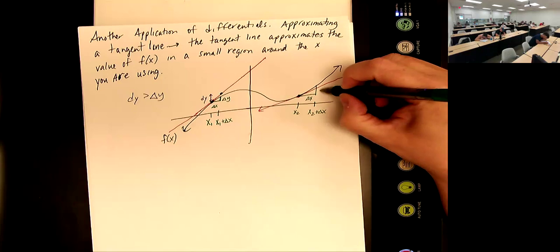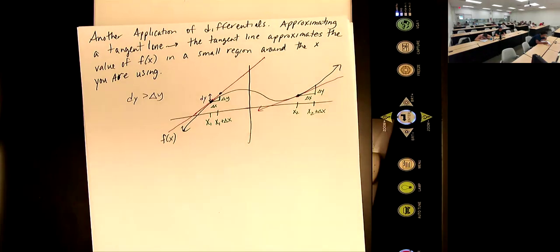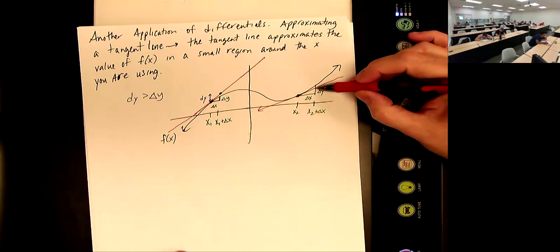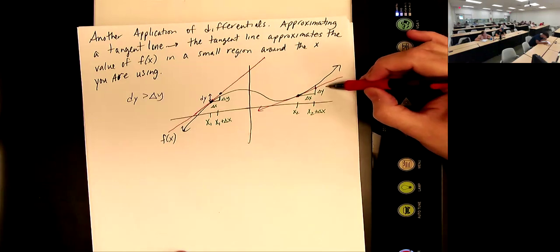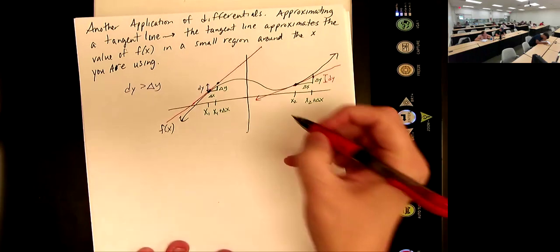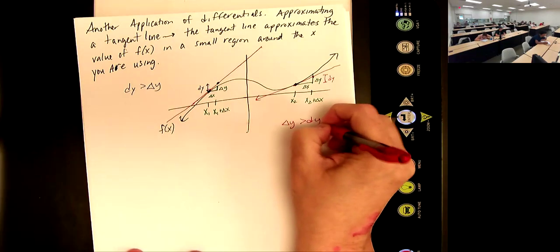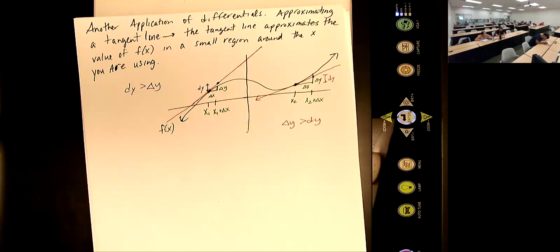That's delta x and that's delta y. But where it hits the tangent line, that distance is dy. So in this case, delta y is greater than dy. But in either case, they're about the same value.